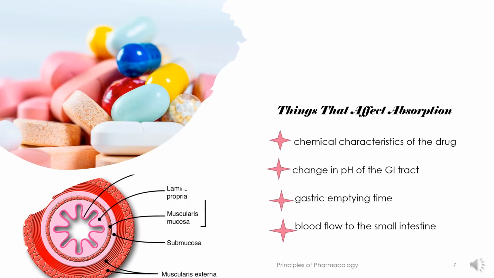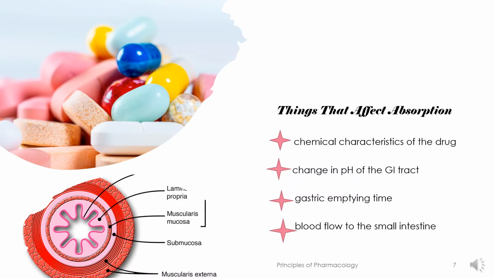As I said, bioavailability can also be affected by incomplete absorption. Other things that affect absorption would be the chemical characteristics of the drug, such as if the pill is enteric-coated, that would absorb slowly.